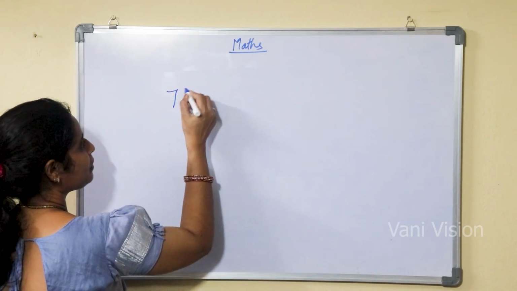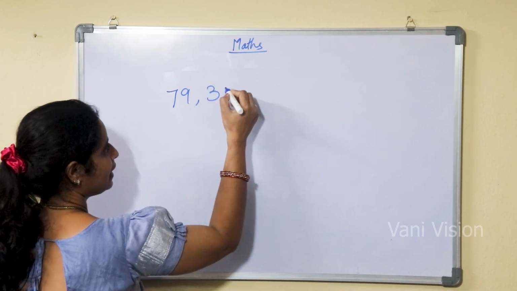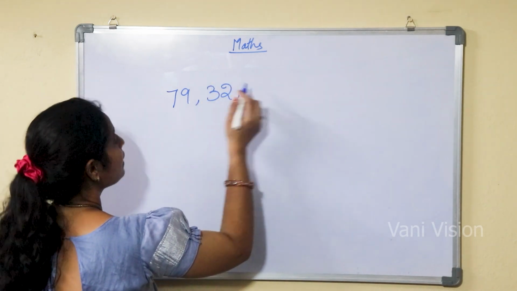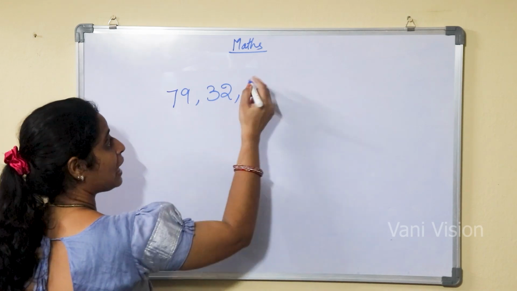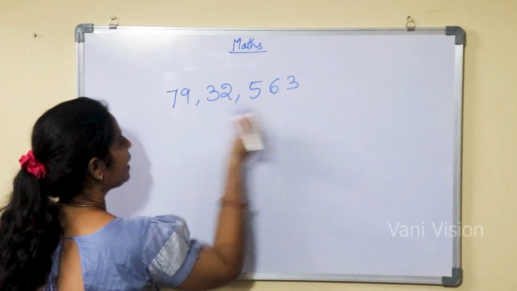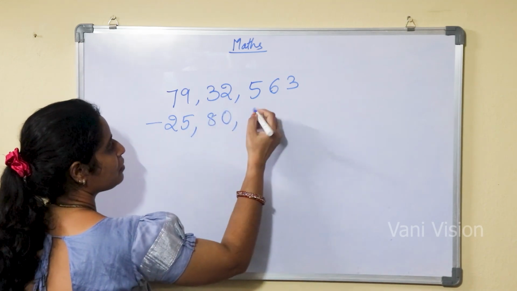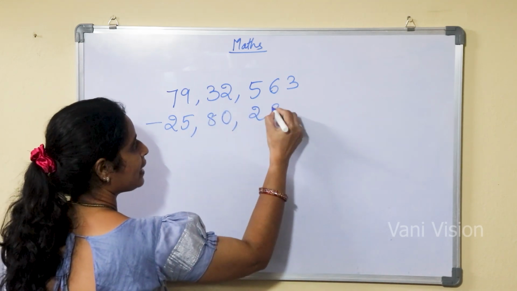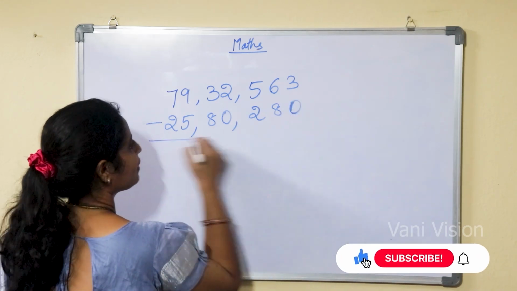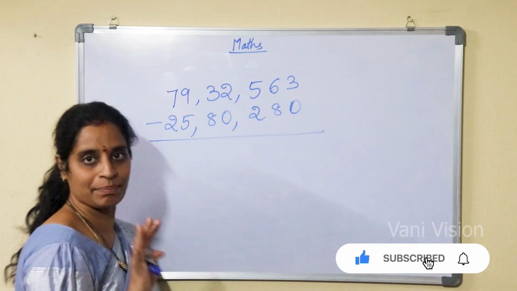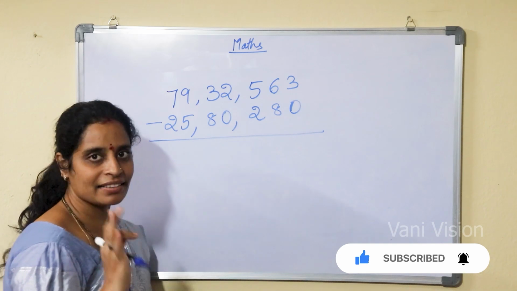That is a 7-digit number: 79 lakhs 32,563 minus 25 lakhs 80,280. We are going to subtract this number in an easy way, in 3 to 5 seconds.